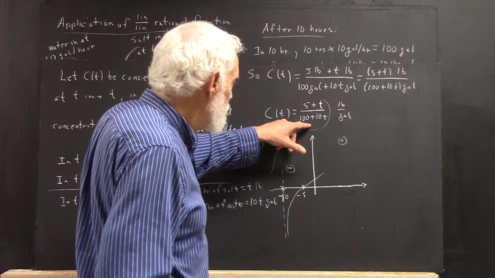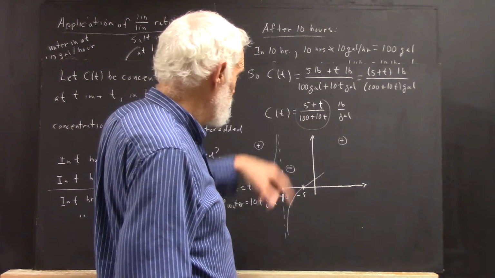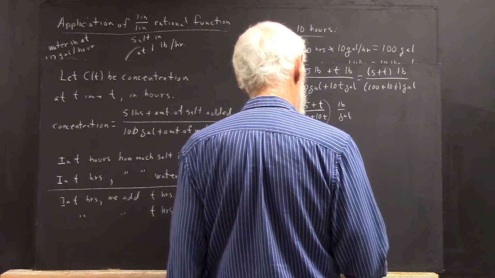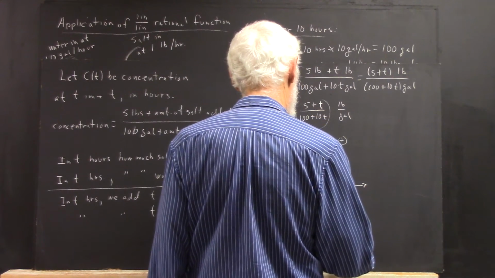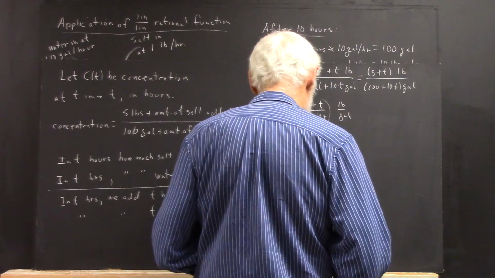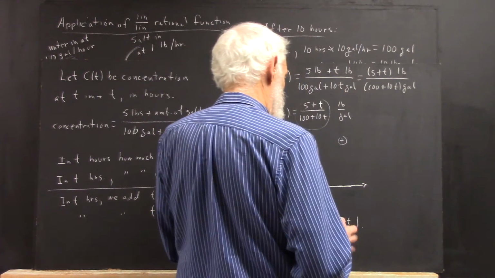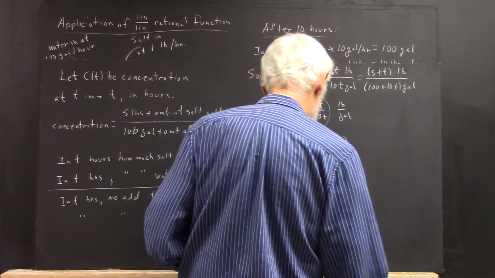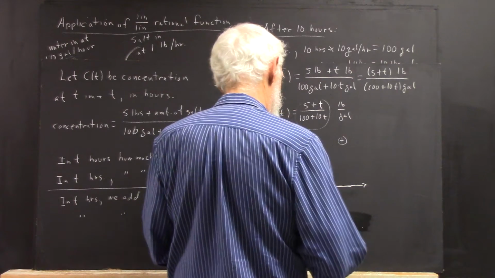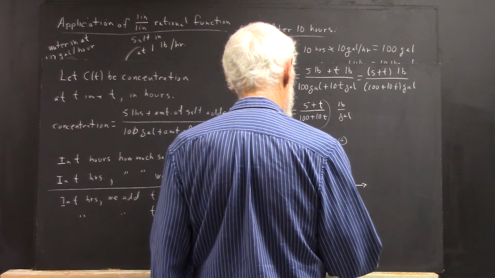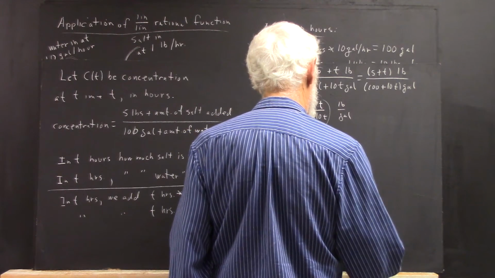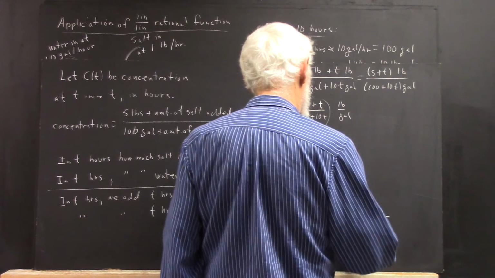We do a long division, 100 plus t into 5 plus t. I've got room to do that here. And let me write it t plus 100 and t plus 5, because then the long division is going to look a little better. We're going to get 1.